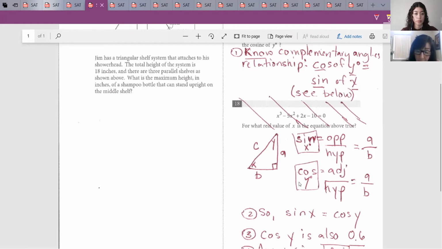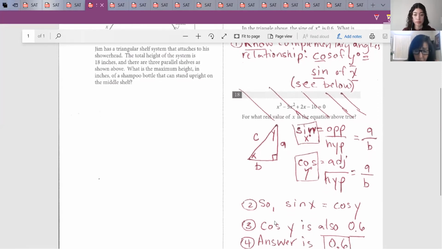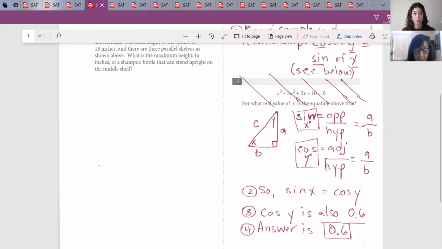And then the cosine of y is adjacent over hypotenuse. So you end up with the sine of one angle being exactly the same as the cosine of the other angle. Therefore, sine of x is equal to the cosine of y. So the cosine of y is also 0.6, and the answer is 0.6.